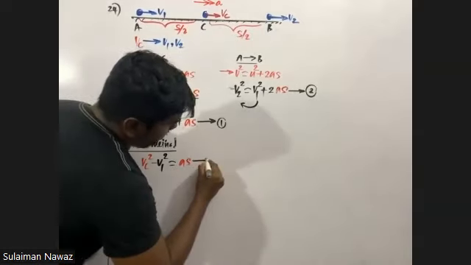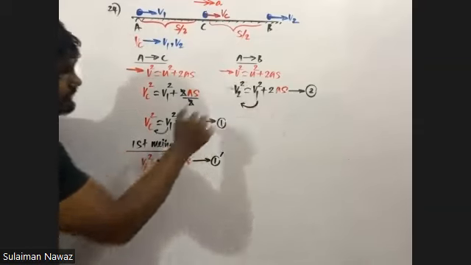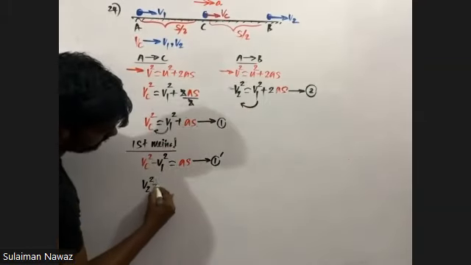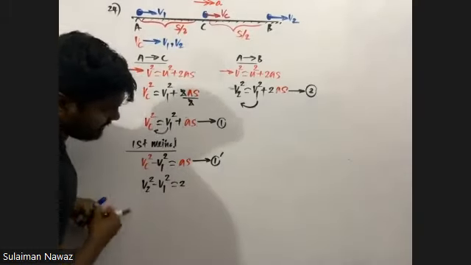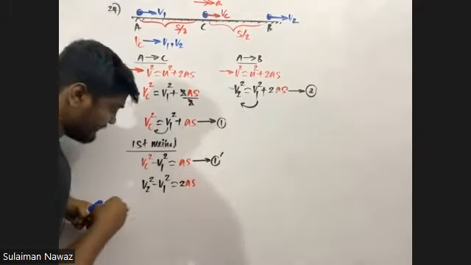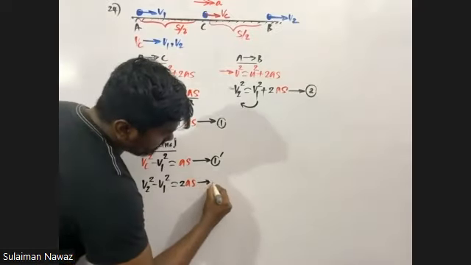I call this equation 1 dash. Here, V2 squared minus V1 squared equals 2AS. I see this as my equation 2 dash.